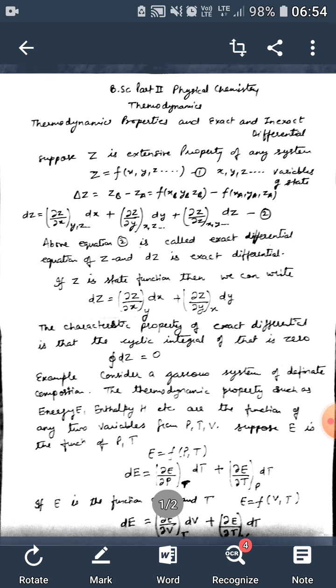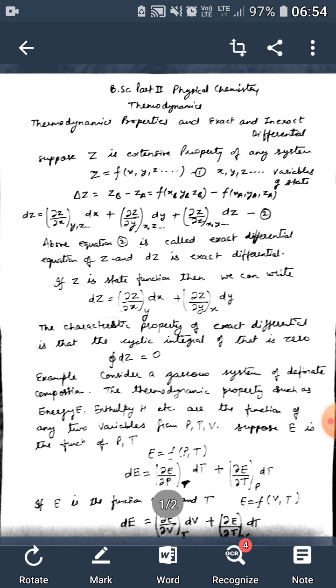So this partial differential del Z upon del x at constant y and z indicates the change in Z with respect to x, keeping y and z, the other variables, constant.